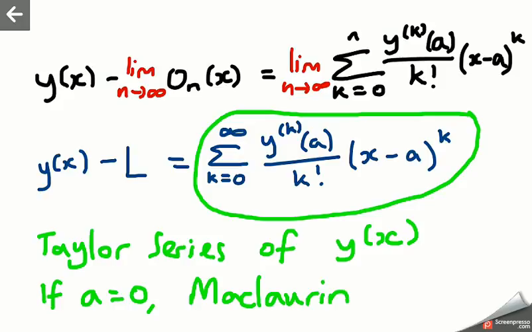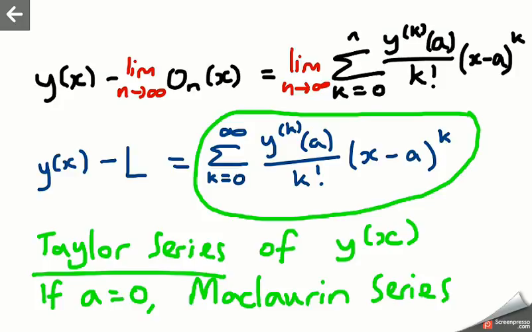M-A-C-L-A-U-R-I-N, I think. Maclaurin series. Yeah, that's right. So this thing is called the Maclaurin series of y of x if a equals 0. That's a special case. Don't worry too much about that. I personally just call it all the Taylor series. But hey, if you want to remember Maclaurin series as well, you're very welcome to do that.